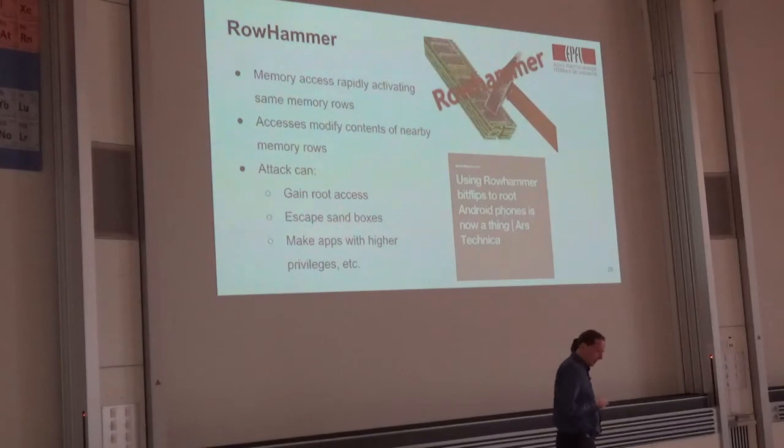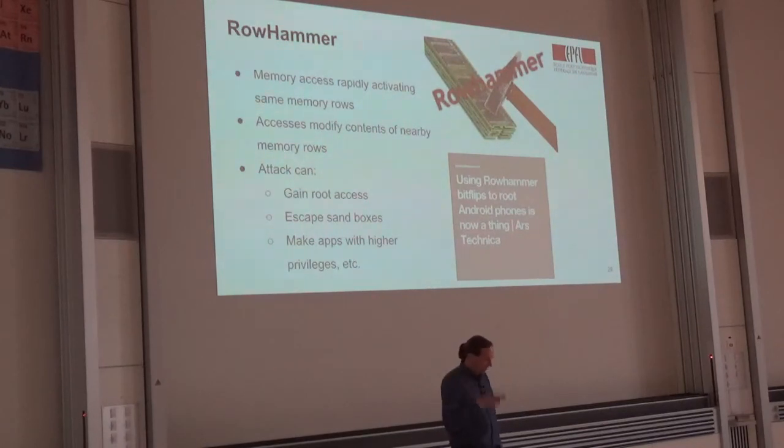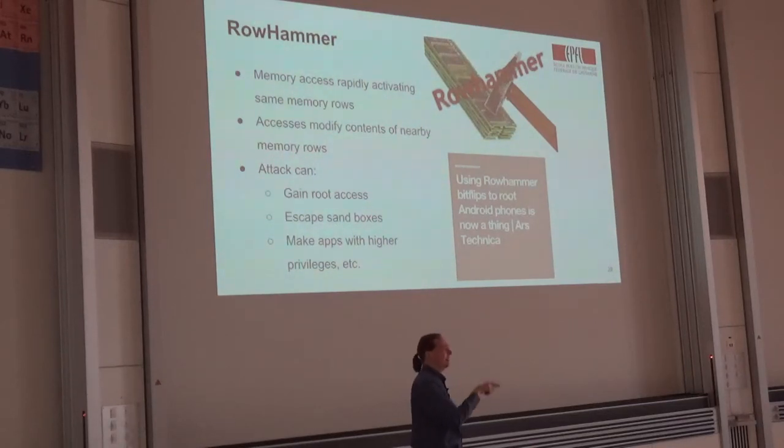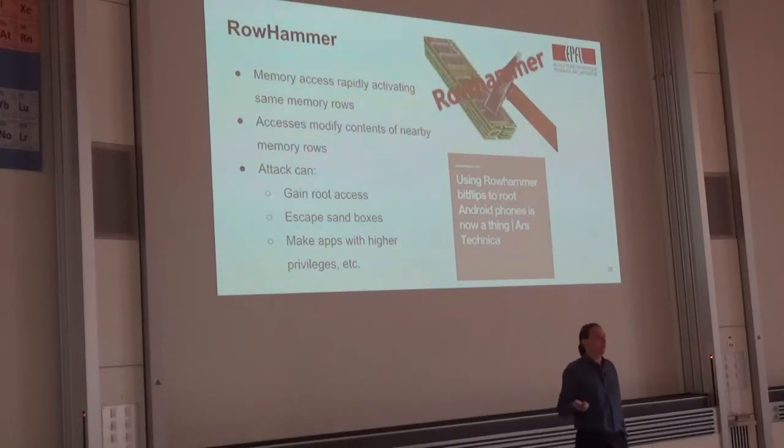But later, a variant of the Rowhammer attack was demonstrated from downloaded JavaScript code. So you could just be running your web browser, Chrome or Firefox or whatever, and you get ordinary untrusted JavaScript code from a random website that you're browsing.